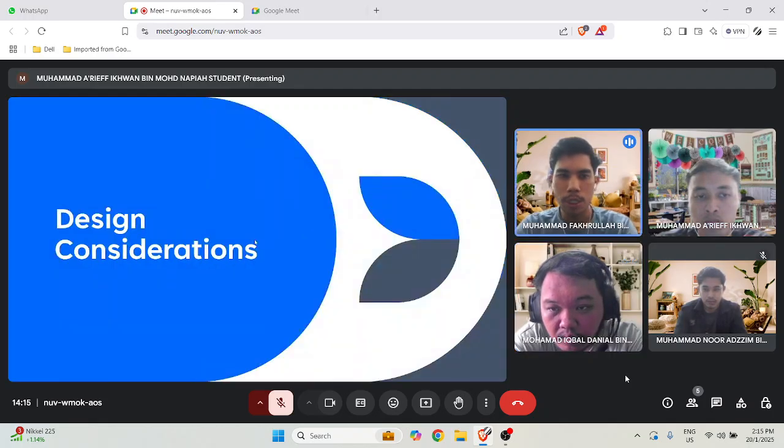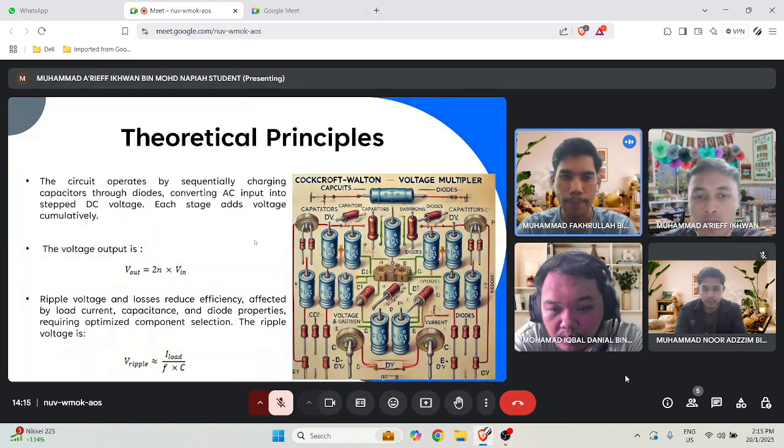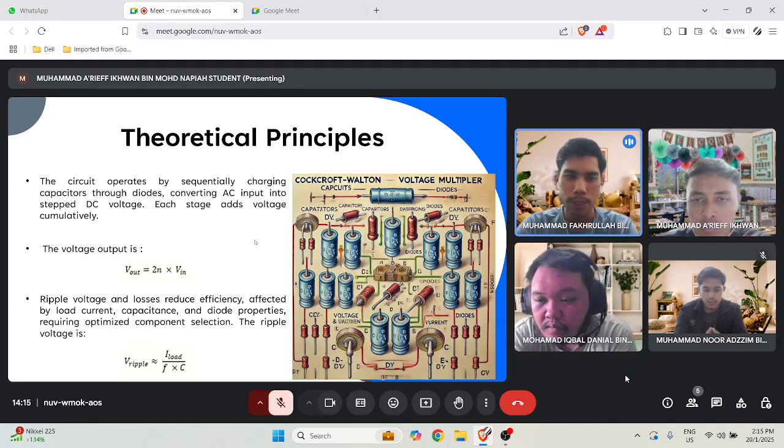Then, efficiency. The circuit loses some energy due to imperfections in the diodes and capacitors. This means the output may not always be perfect. A heavier load, with more current drawn, can also lower the efficiency. In simple terms, this circuit is like a step ladder for voltage.